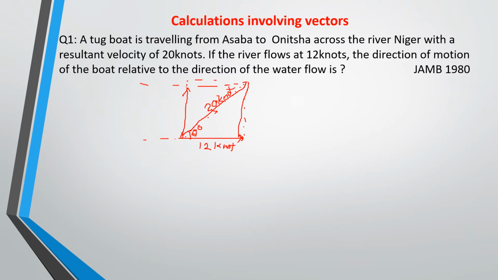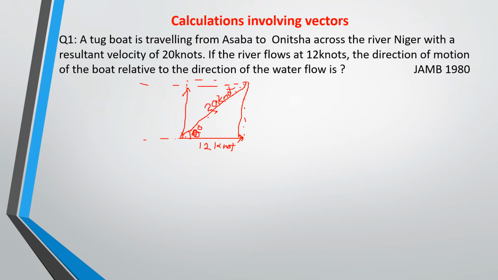You cannot travel straight because the current will carry you towards the direction of flow of the stream. So you travel at an angle to the horizontal direction. What you are looking for now is this theta.